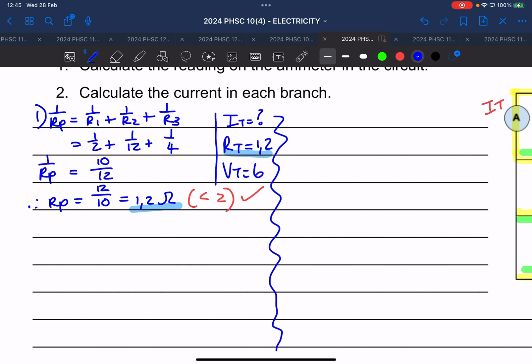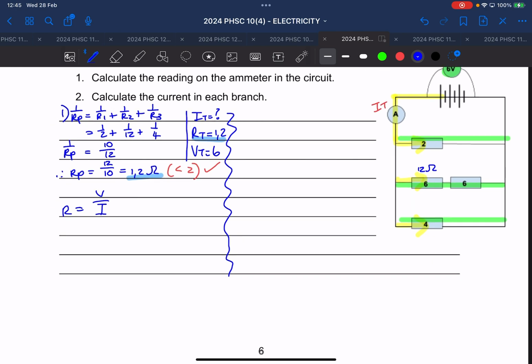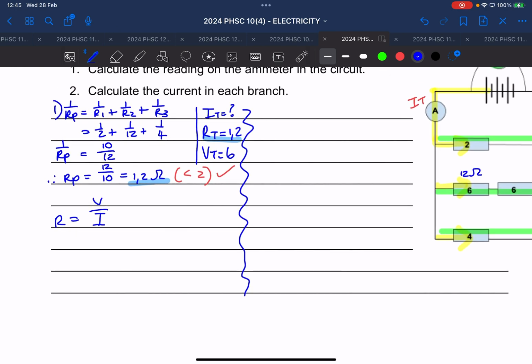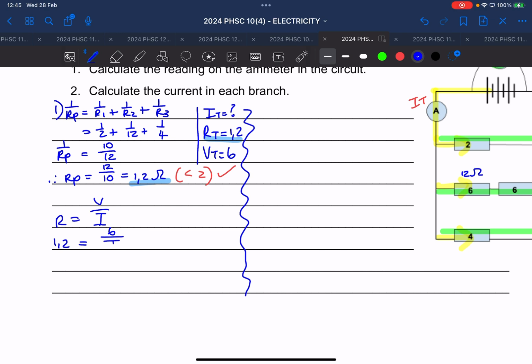Okay, so now you go to your formula. Resistance is volts over current. The resistance is 1.2, the volts is 6, the current is I.